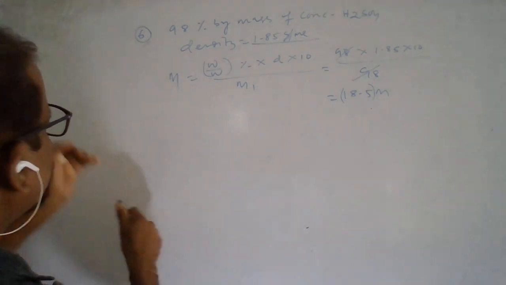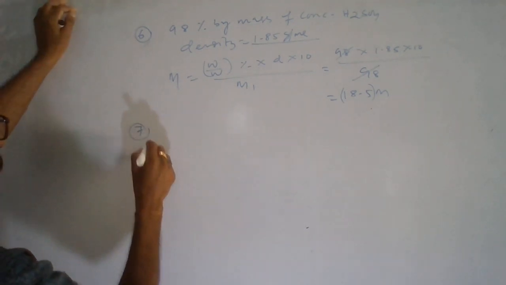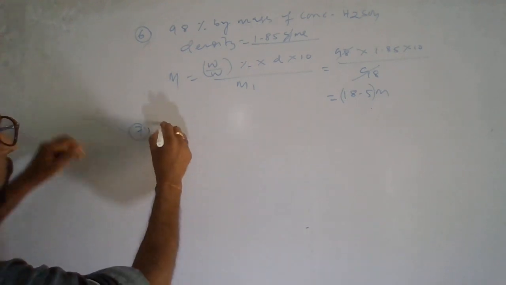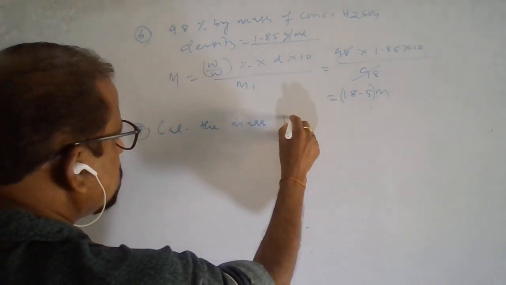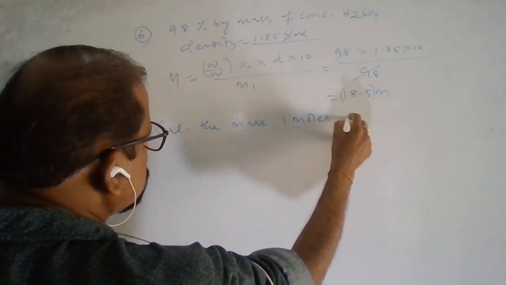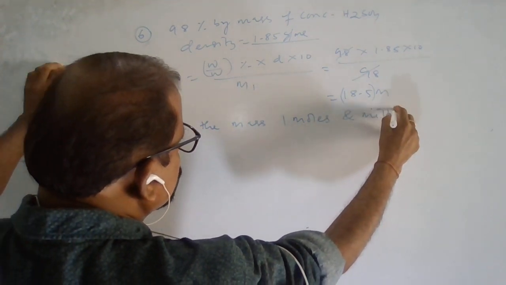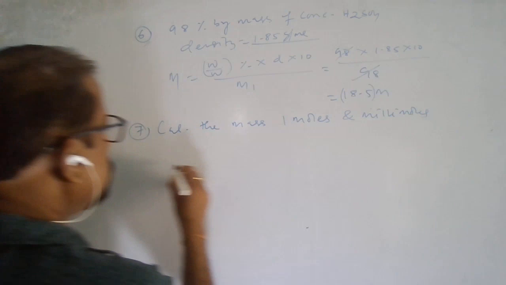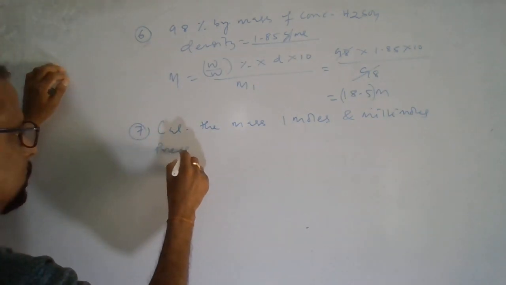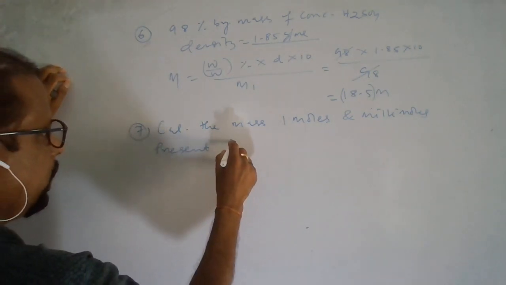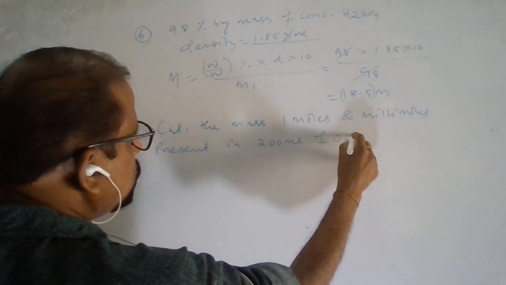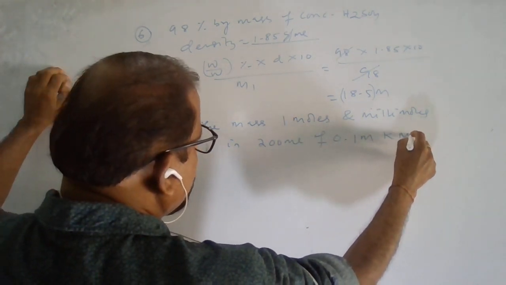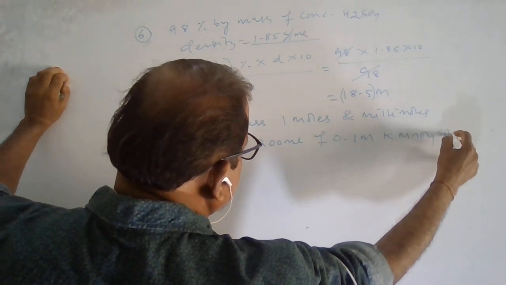So let me solve one more problem. Calculate the mass, moles and millimoles present in 200 ml of 0.1 M KMnO4 solution.